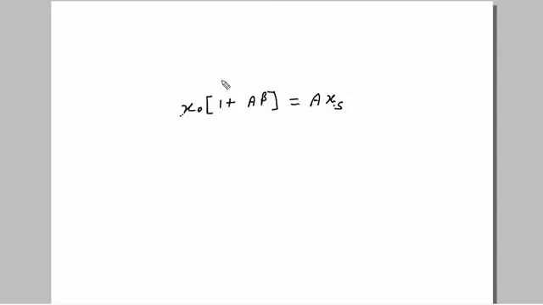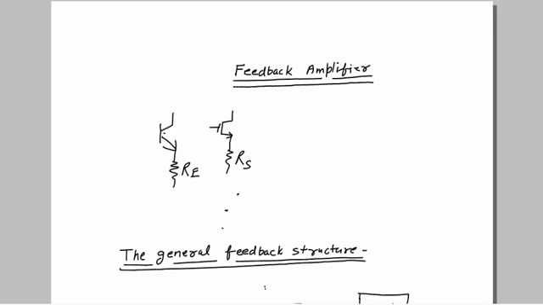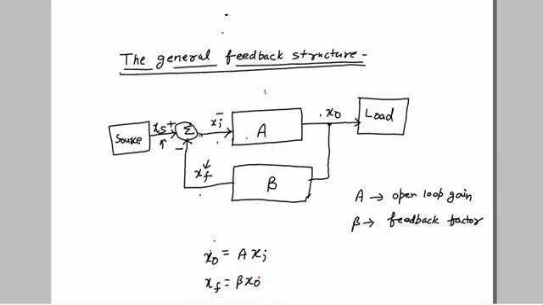Now if I take xs to the left hand side, we'll get x naught by xs. Now see clearly here, what is x naught by xs using this block diagram. This is x naught, the output, and this is xs, the source input.